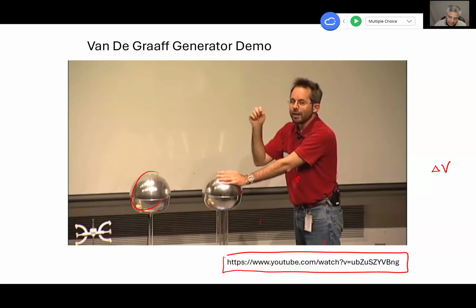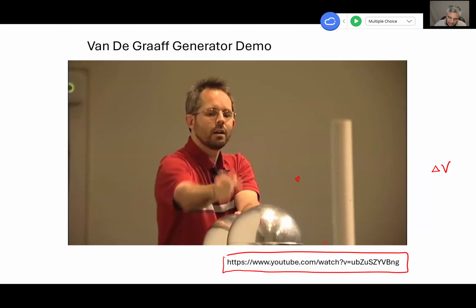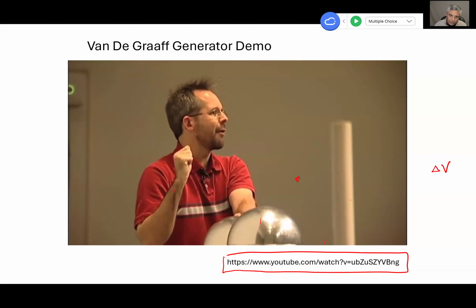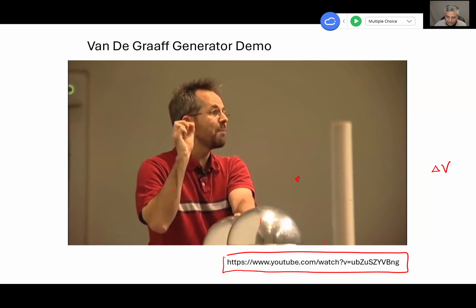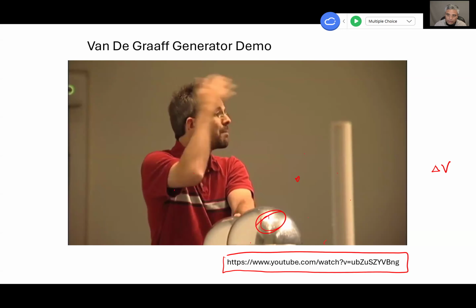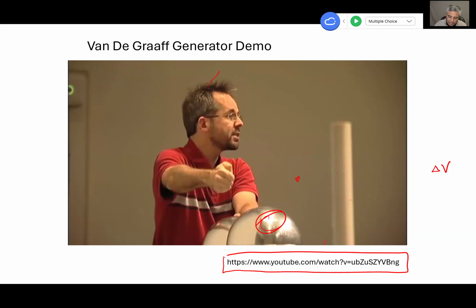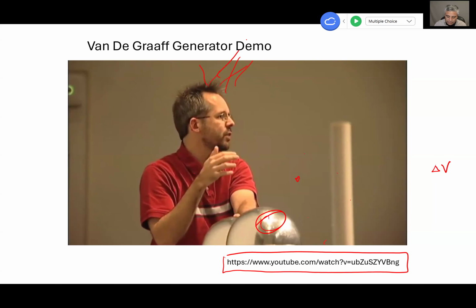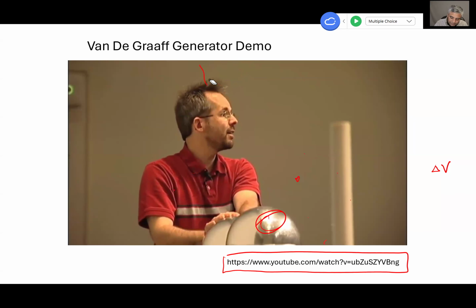So now this one is at a different potential. Now look at here. Basically not that long hair, but you can still notice the hair moving, okay? Because some of the charge jumps here on the hoop, okay? Now the hair is raised, right?